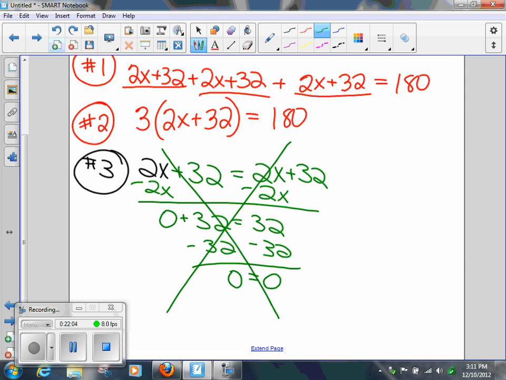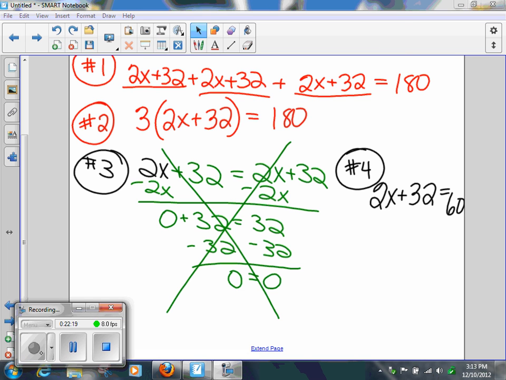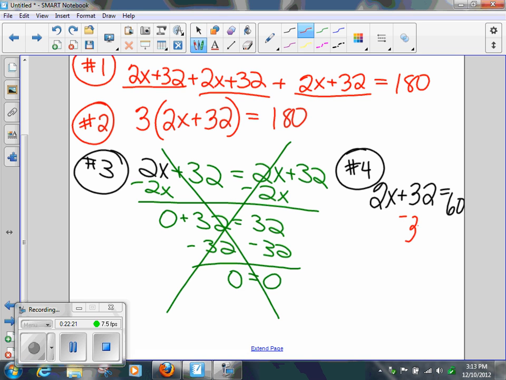So what is option number 4? 2x plus 32 is equal to 60. Solve for x, please. 14. 2x is equal to 28. Divide by 2 and you get 14.